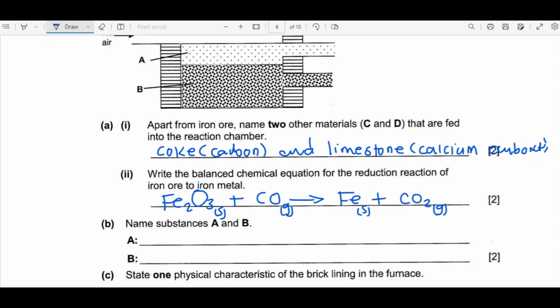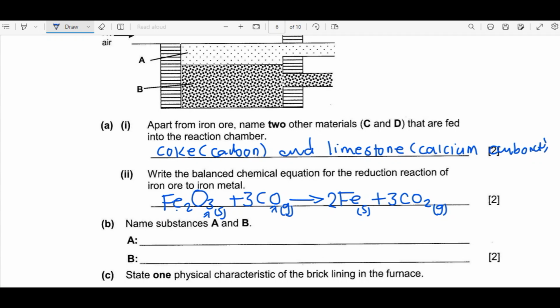So to balance this one, we have 2 atoms of iron, so we put a 2 here. Now for oxygen, we put 3 here, we also put 3 here, so that 3 carbon, then 3 here and also 3, we have 6, then here we have 6.